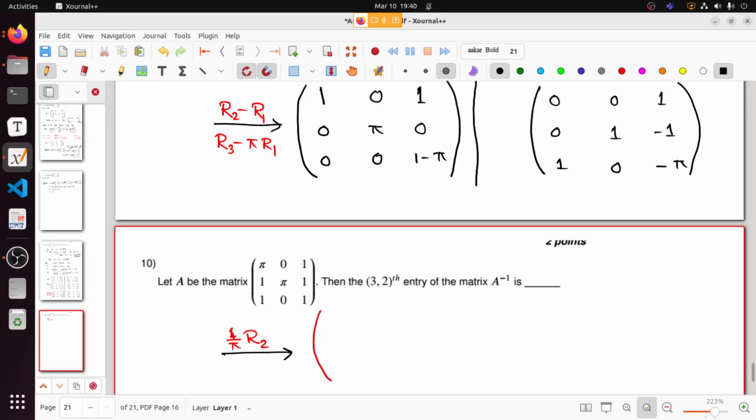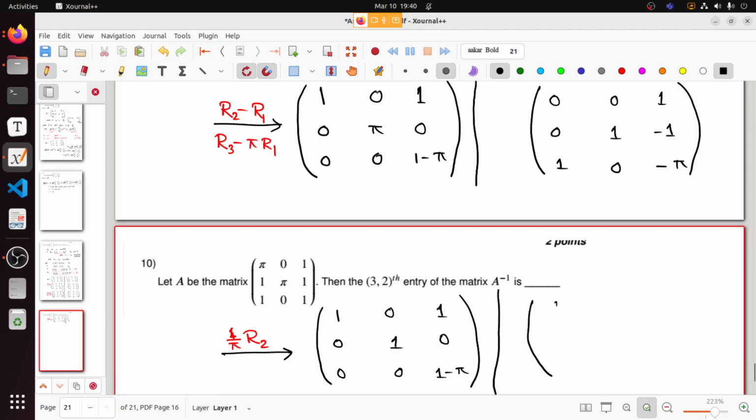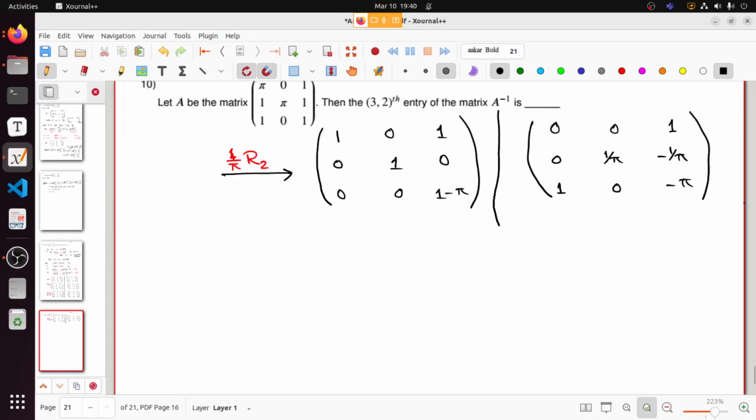Then it will be 1 0 1, 0 1 0, 0 0 1 minus pi. Correspondingly here it will be 0 0 1, 0 1 by pi minus 1 by pi, 1 0 minus pi, right?